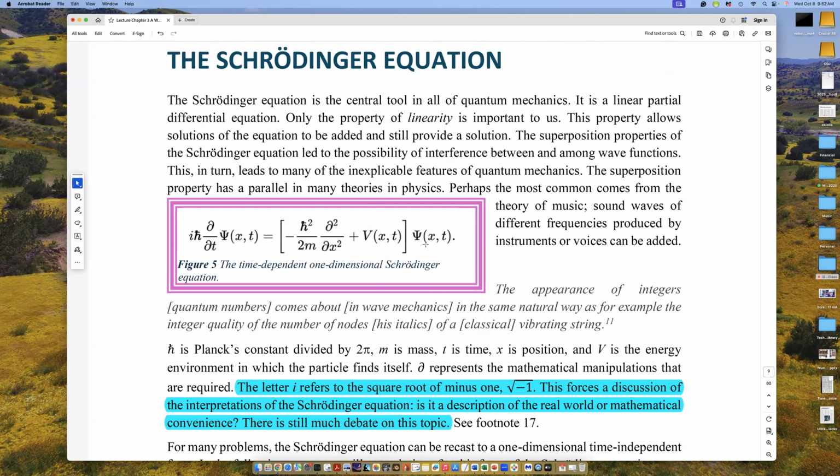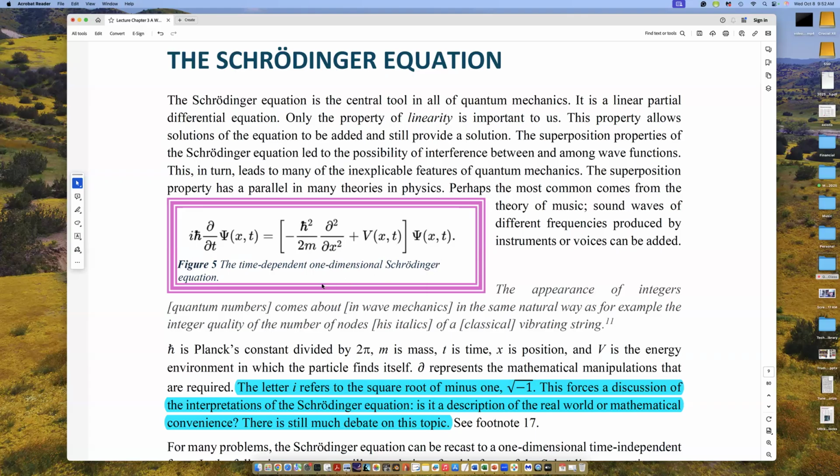And we have to solve this equation, and every student of physics learns how to do that. And as a result, we get, here's the wave function, psi, and it depends on position and time. This is the classical way to describe a quantum system.